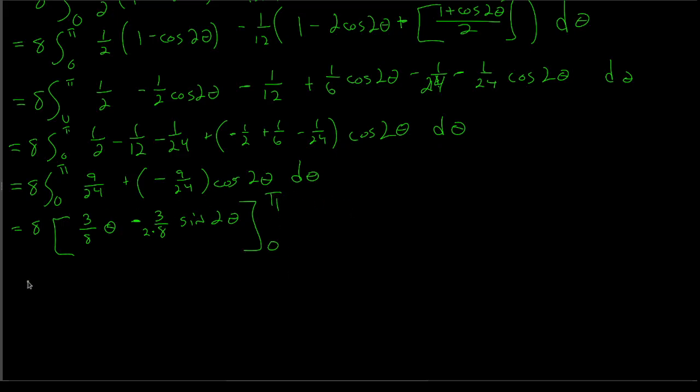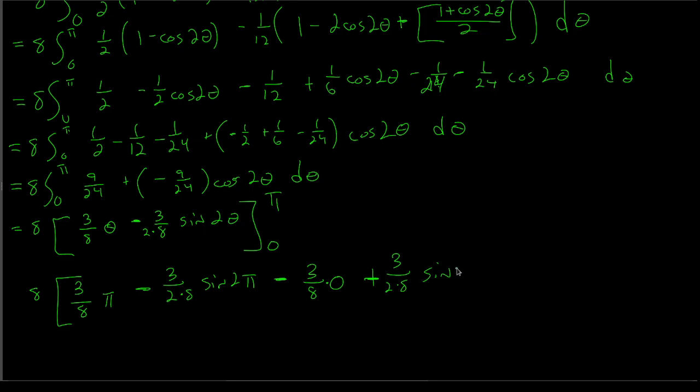So I'll put my pi's in, so I'm going to get 8 times 3/8 pi minus sine 2 pi times 1/16, minus 3/8 times 0 plus sine 0. Well, that's 0, and that's 0, and that's 0. The 8's cancel, and so I get 3 pi.